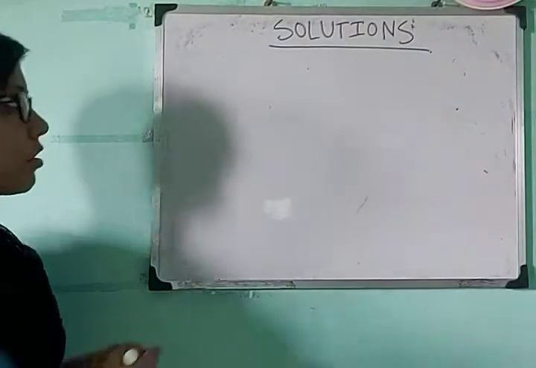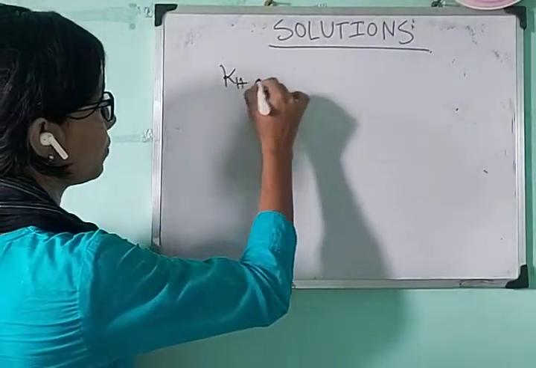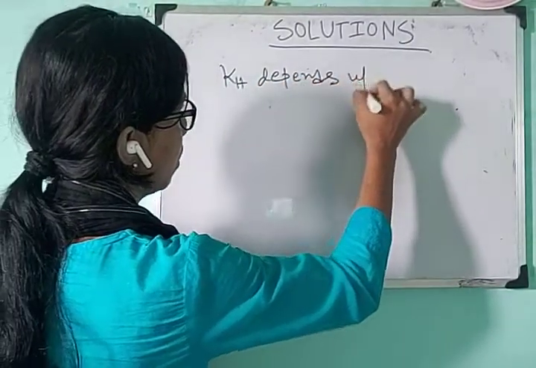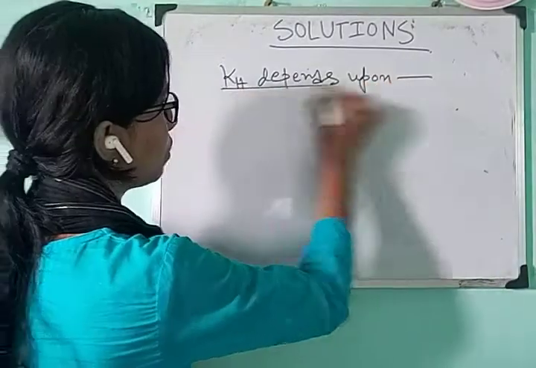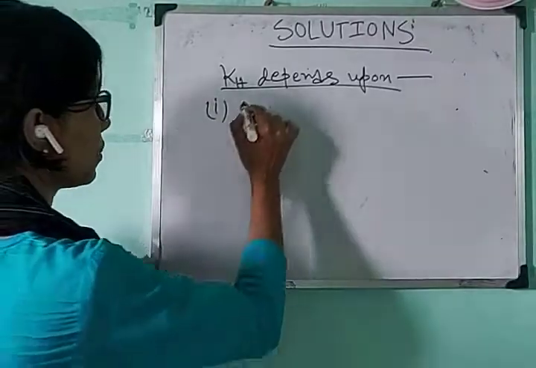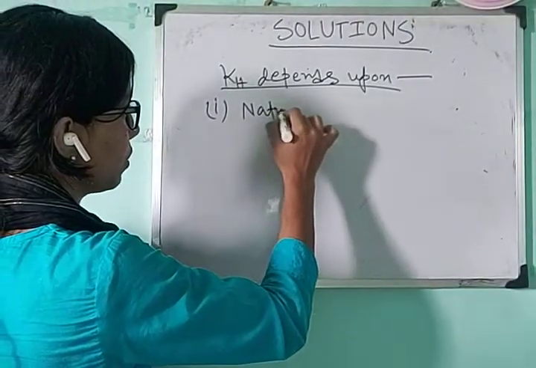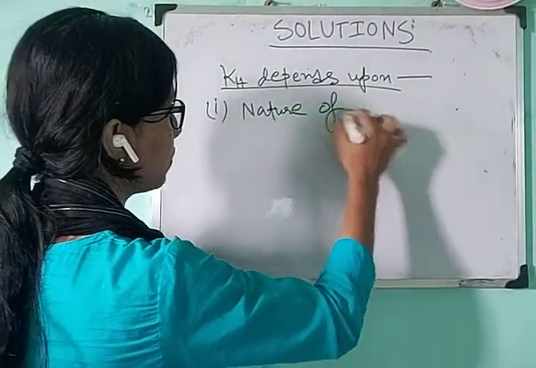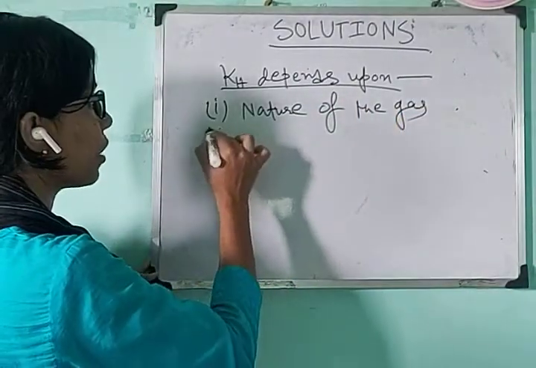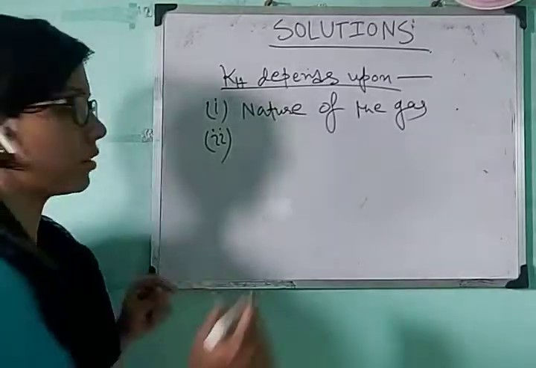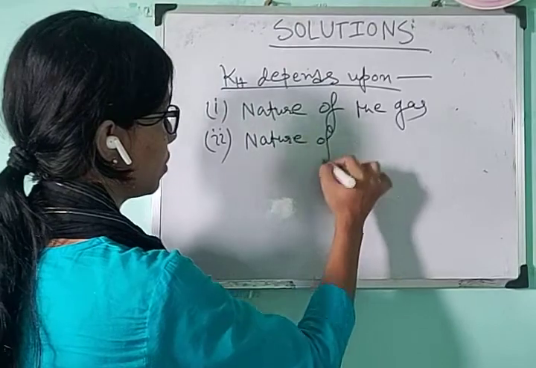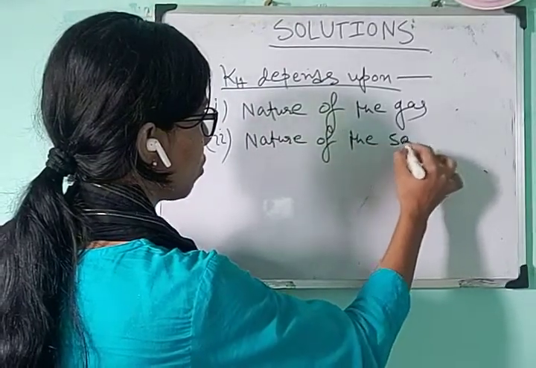Henry's law constant Kh depends upon, first, the nature of the gas, and second, obviously, the nature of the solvent.